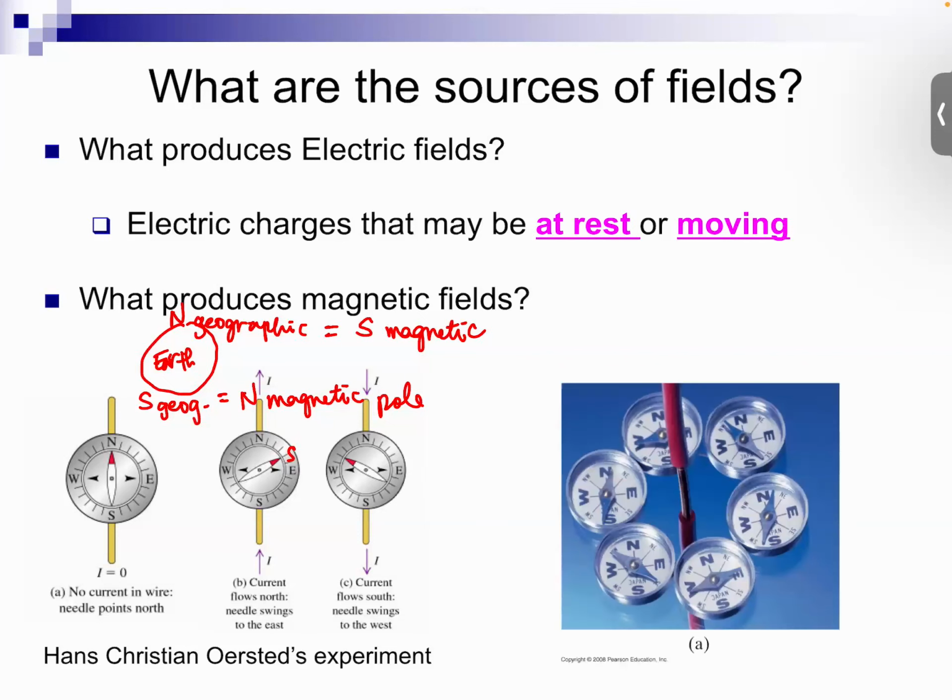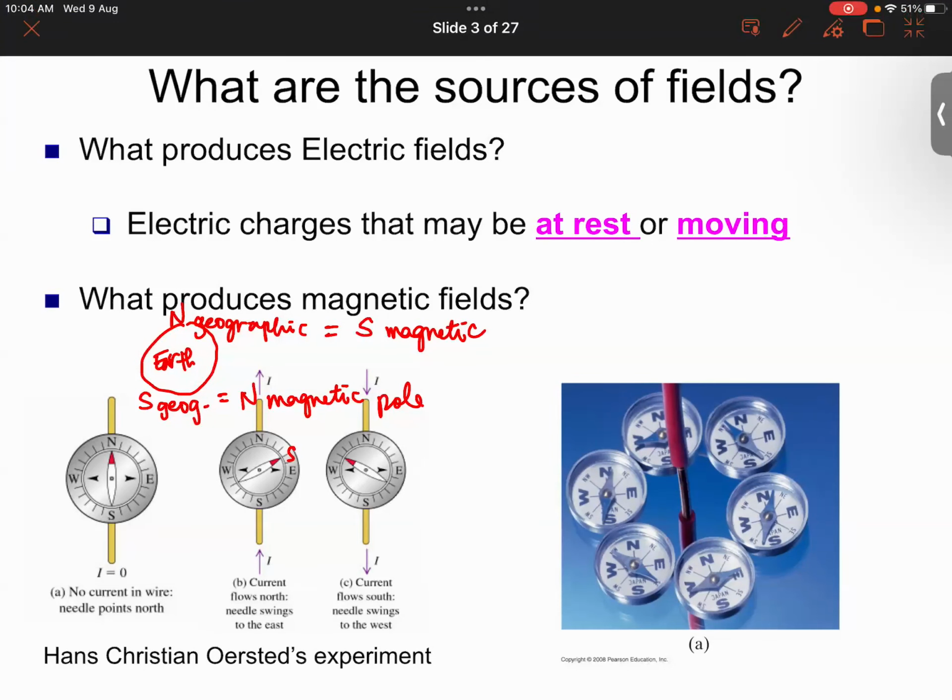And in fact, if you take several compasses and arrange them around a wire, if there is current flowing through the wire, you will see that the compass needles will align themselves according to the magnetic field that's created by the current flowing through the wire. So this is sort of an experimental verification that currents generate magnetic fields.